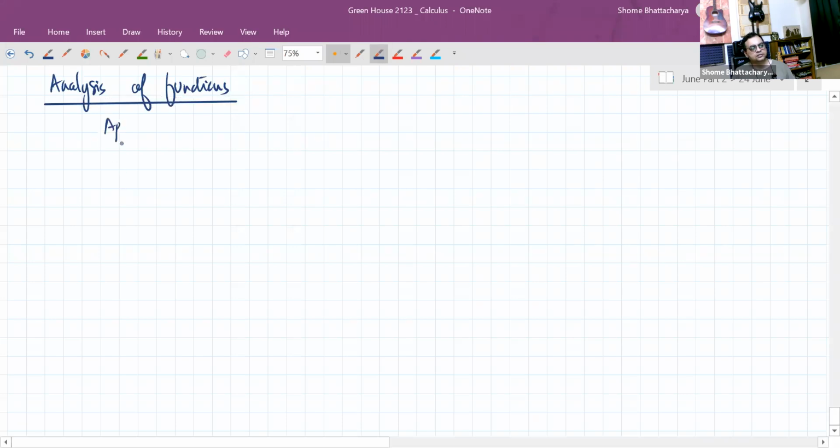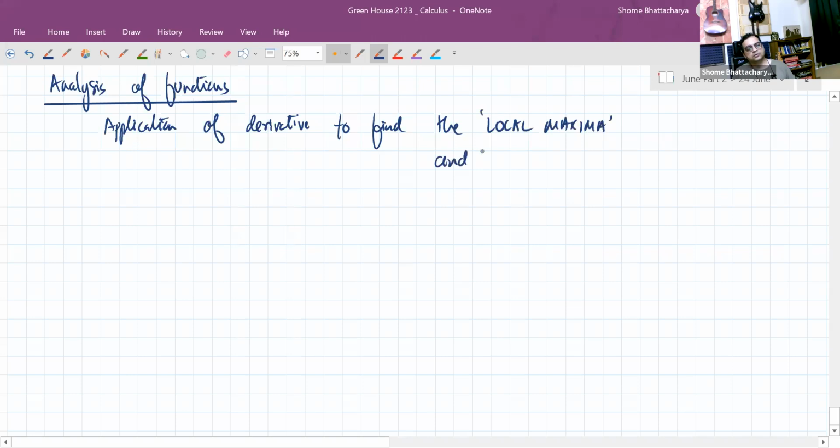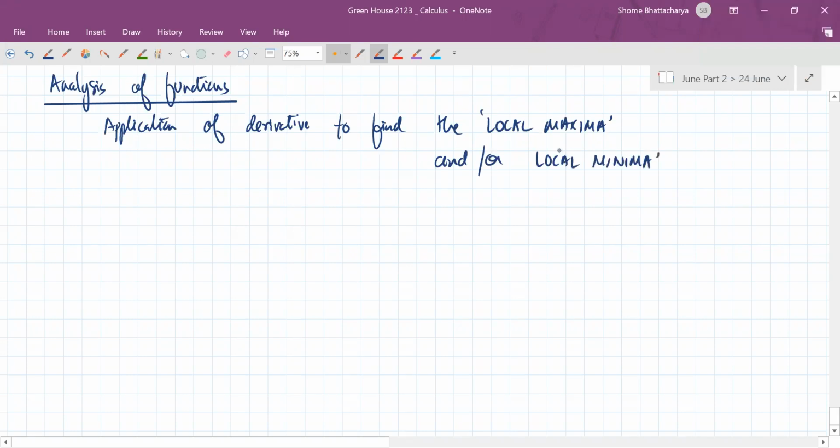Application of derivative or differentiation to find the local maxima and local minimum for a function.